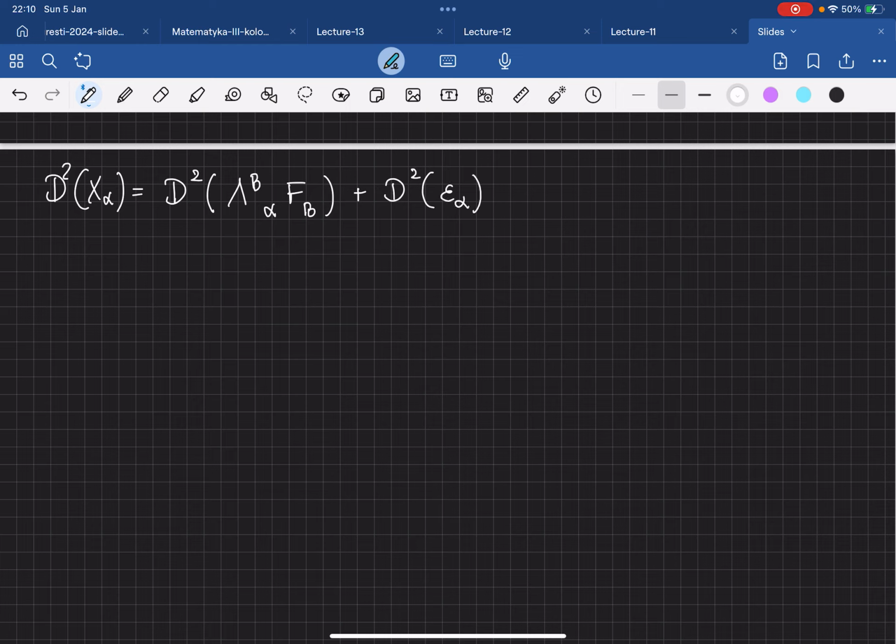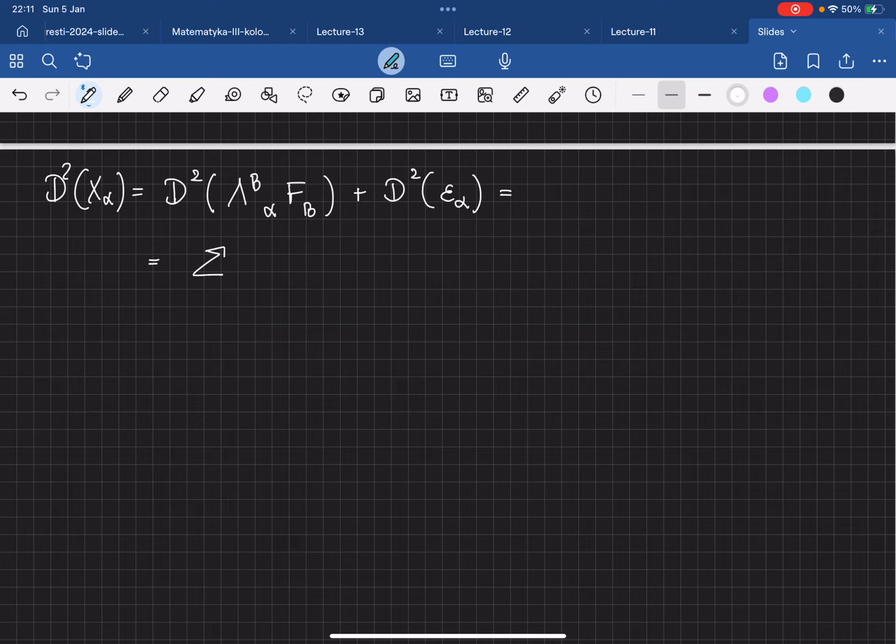And of course, if the model is good, then this is small and this is big. Moreover, we can still apply what we know about the behavior of variance, and we can write it like that.